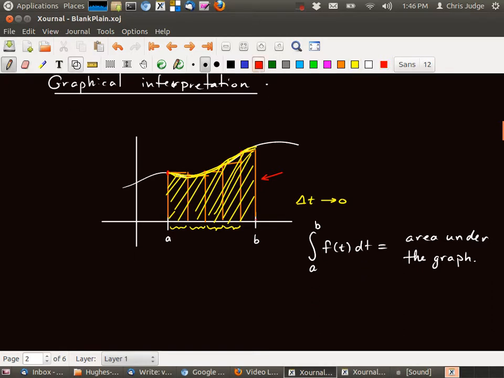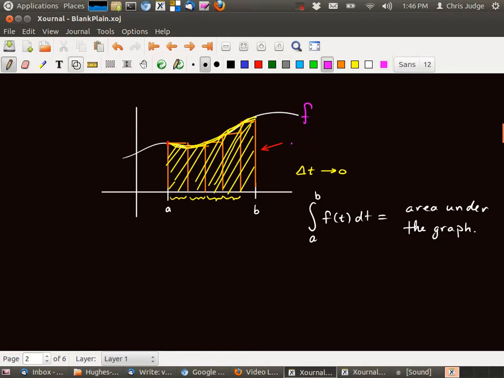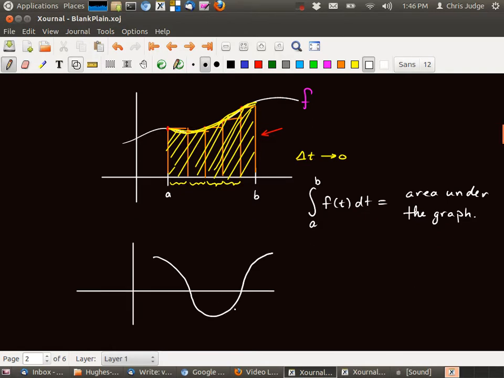I should point out that this graphical interpretation really only works if the function f is positive. That is, if the graph of the function is above the x-axis. If f dips below the axis, things become slightly more complicated. Little rectangles here that give us the Riemann sums actually have a negative height.